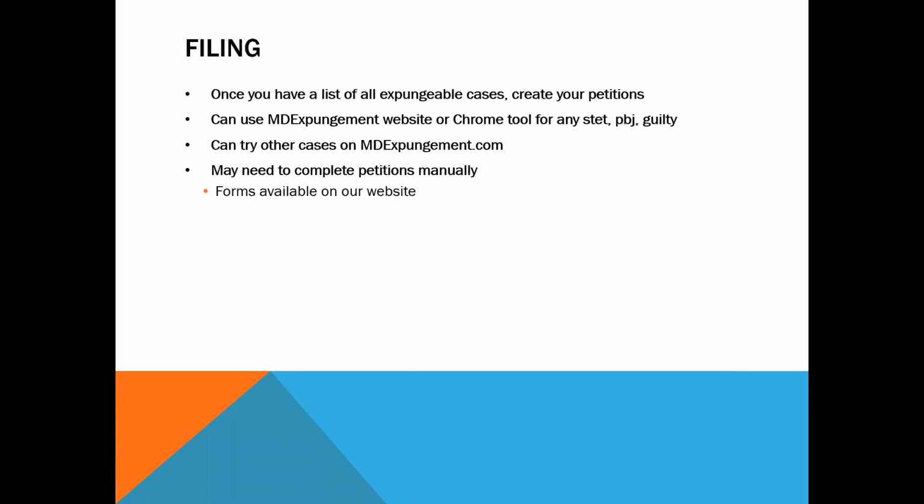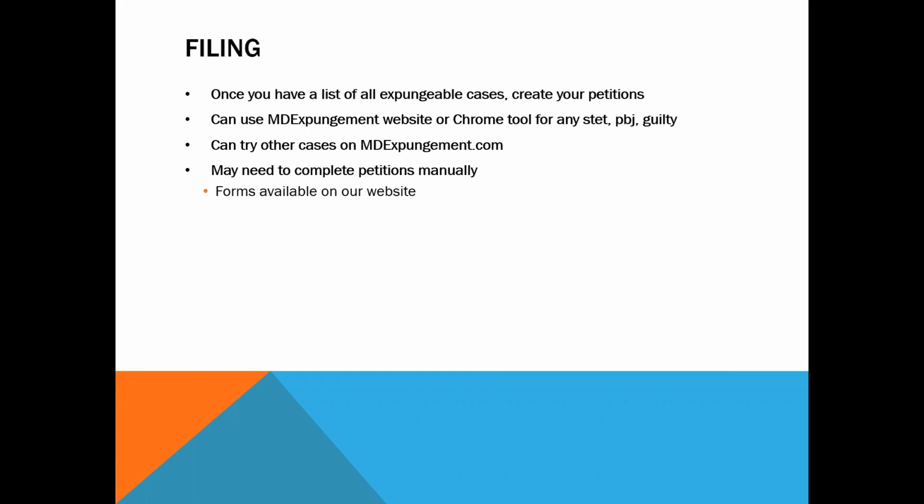So filing is going to look a little bit different because if your case is found elsewhere besides Maryland Case Search, you're unfortunately not going to be able to use our MD Expungement web tool, which has made expungement filing a breeze over the last several years. You would have to enter the information manually into the forms.